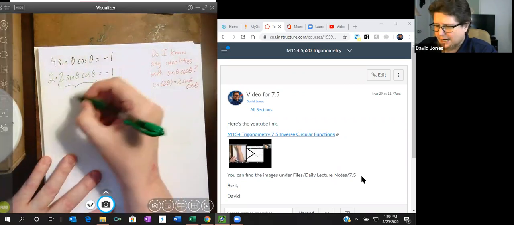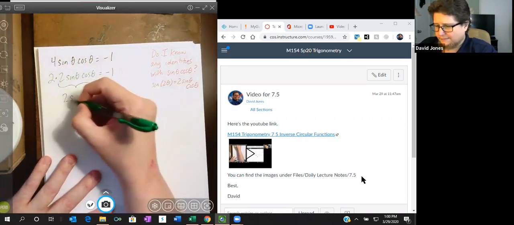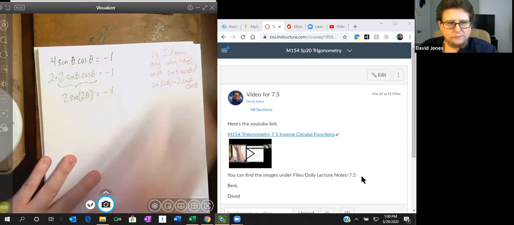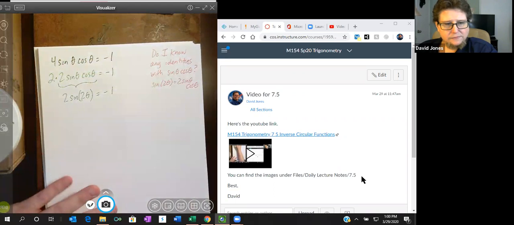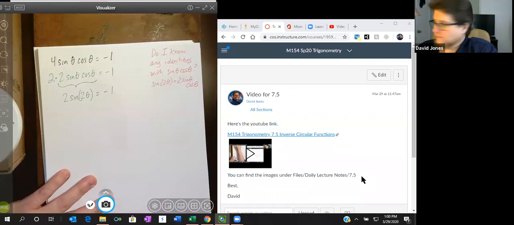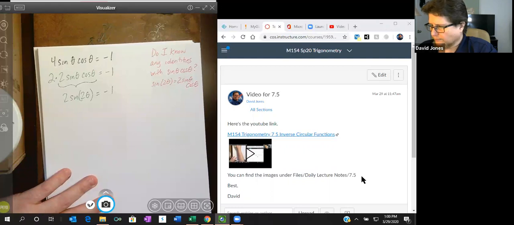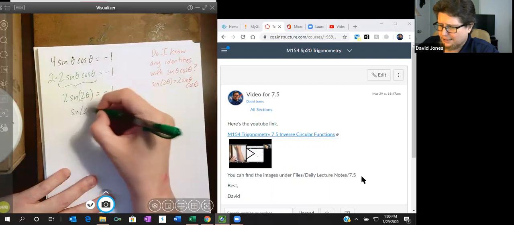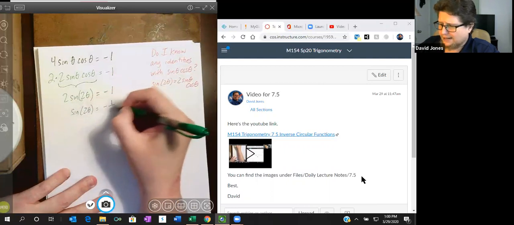And I can turn that into sine of 2 theta. So I divide by 2, I've got sine of 2 theta equals -1/2.